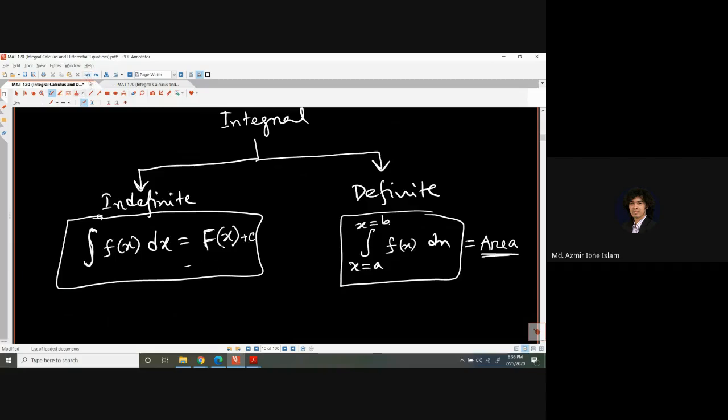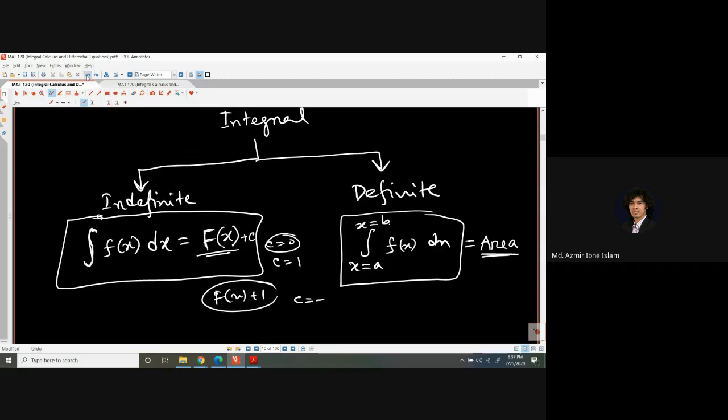That means it may be a function f(x) if C equal to 0. If C equal to 1, we will get f(x) plus 1, that is another function. If C equal to negative 2, we will get f(x) minus 2, that will be another function. So we are getting several functions.